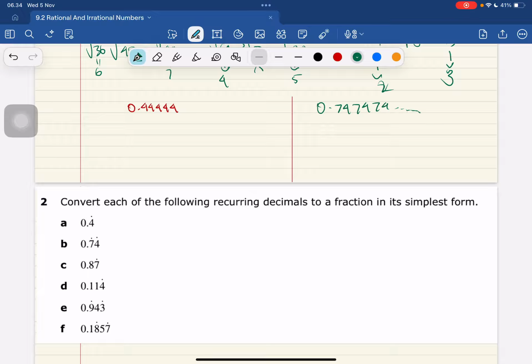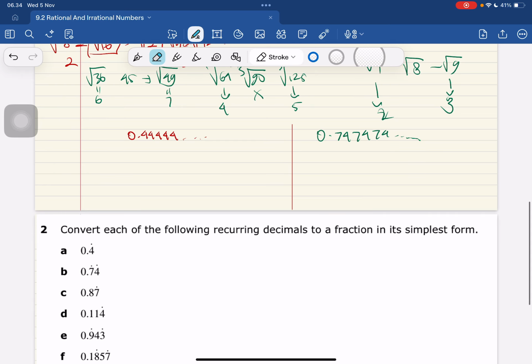This is unlimited. It will be repeating again. And also we've got 0.87, so that's going to be repeating: 0.87, 87, 87, 87, and 87.